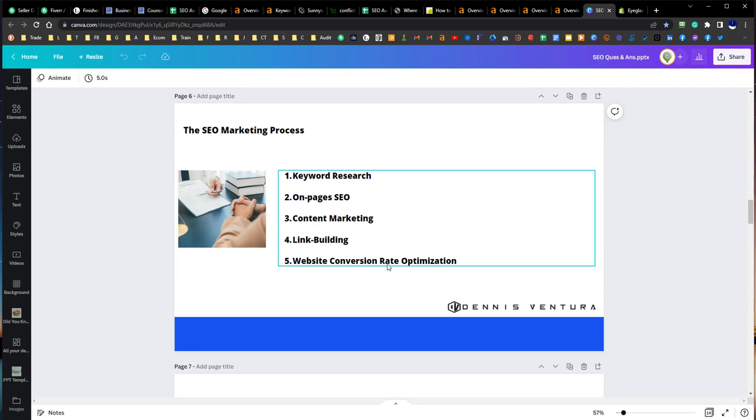There is also website conversion rate optimization, kind of having some sort of offer, some sort of lead magnet where you offer people something to make them want to provide some information to you.